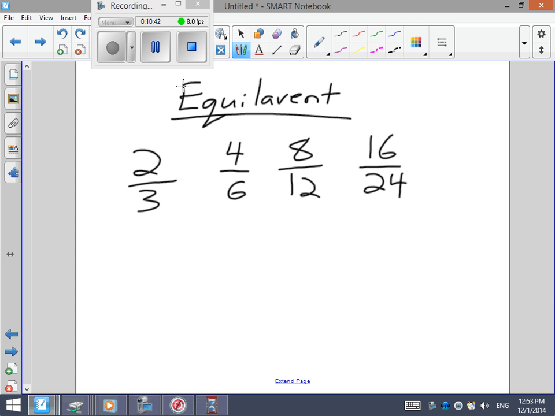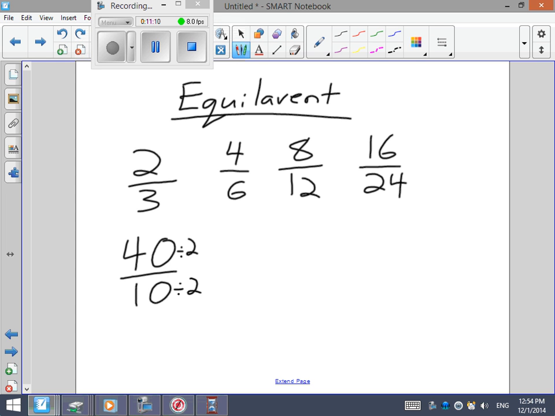It works for improper as well. Let's say we had 4 over 3. Again, actually, let's go the opposite way. Let's go 40 over 10. Now let's say we divide it by 2. Divide the top by 2, bottom by 2, because those are even numbers.